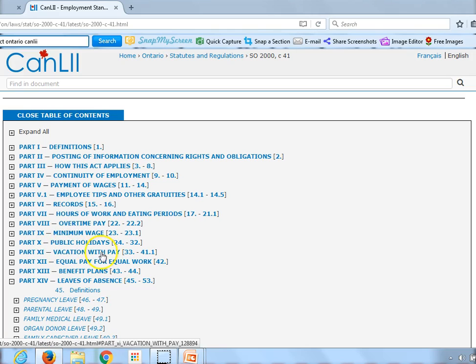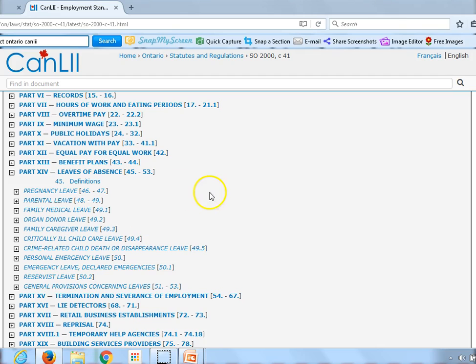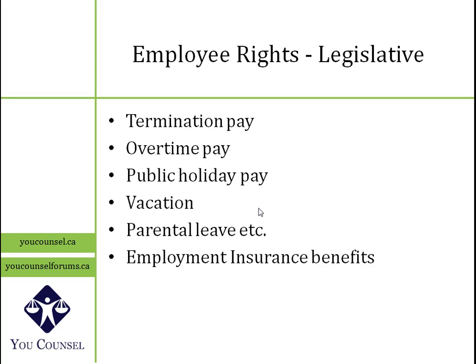Part 10, public holiday pay, vacation with pay. Look at Part 14, leave of absence, and you will notice the kinds of leaves that an employee could be entitled to: pregnancy, parental, family medical, organ donor, family caregiver leave. All of these categories of leaves are available to you if you are considered an employee.